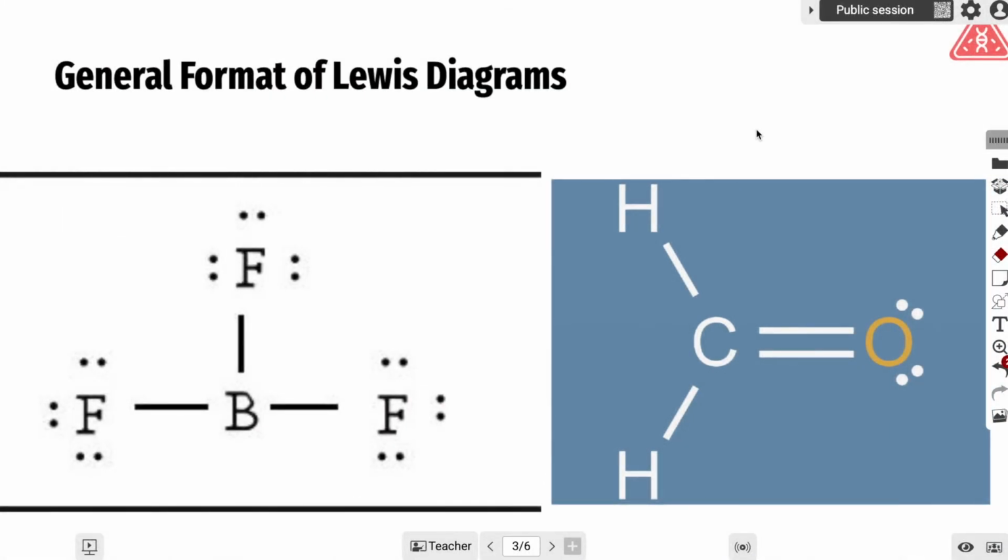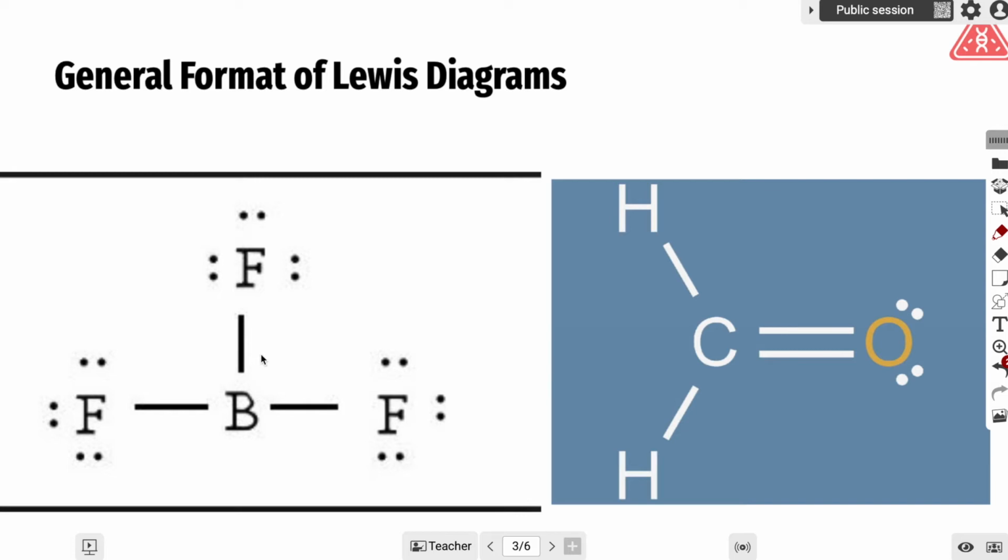Alright, so the very first slide that I have here is what is the general format of Lewis diagrams. On the left side here, the left picture is boron trifluoride. So of course, essentially we have one boron atom and you can see here that we have 3 bonds between the 3 fluorine atoms.